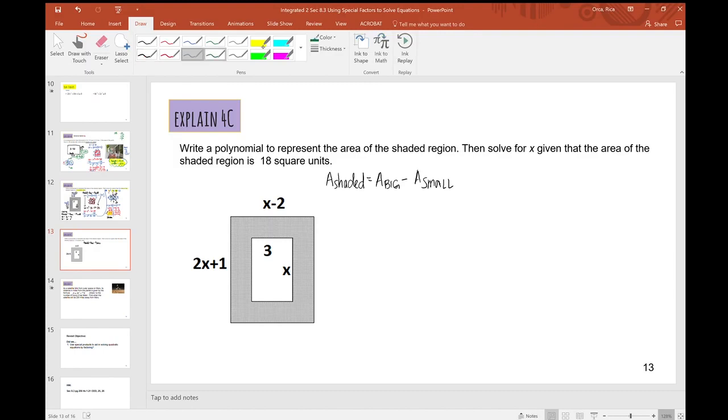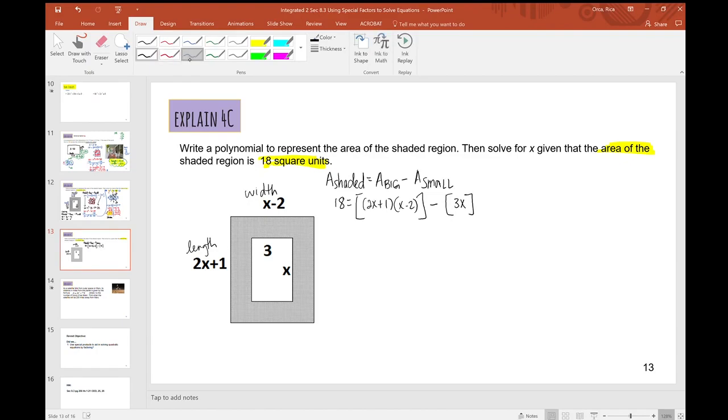The area of the shaded region is 18. 18 equals the area of the big rectangle. Well, its length is 2x plus 1, and its width is x minus 2, minus the area of the small rectangle, which is that white rectangle, is 3 times x, which is 3x.